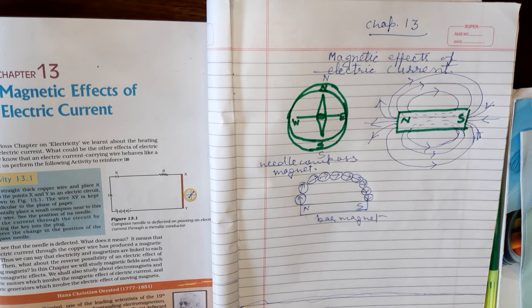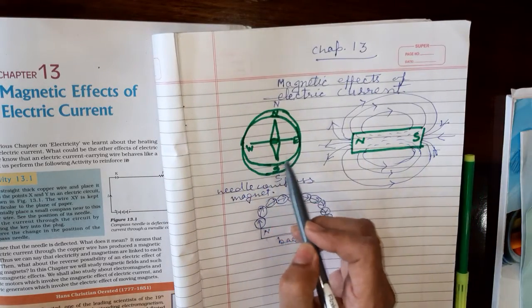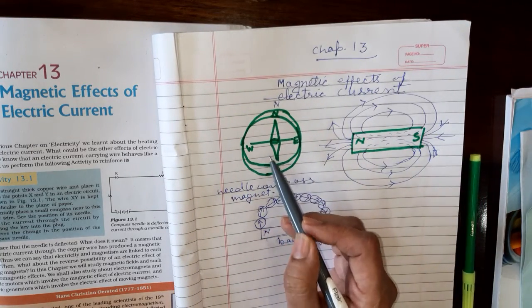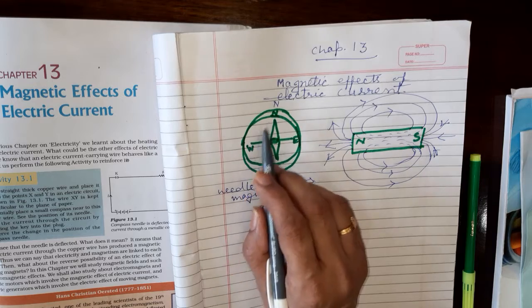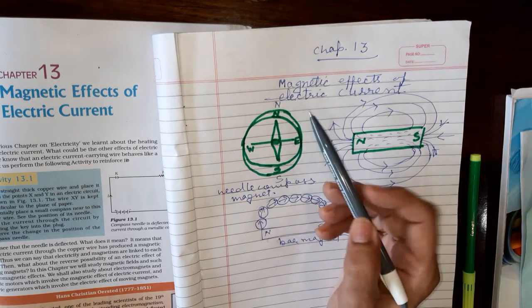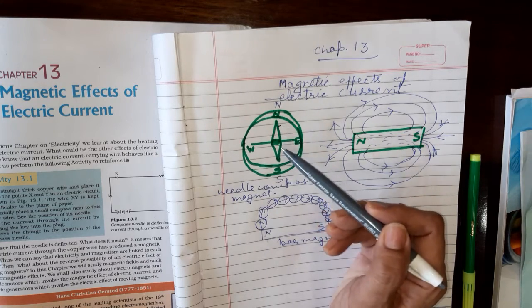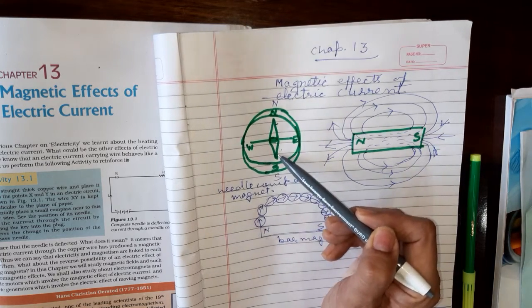Let me tell you, I have drawn a magnetic needle compass here so you will have an idea. It is an aluminium round box whose top is made of glass, so that the magnetic compass needle can be seen.